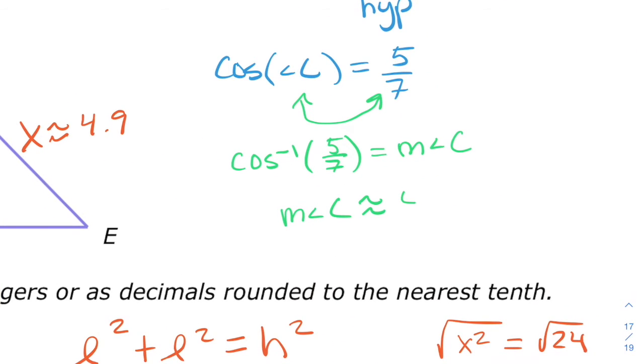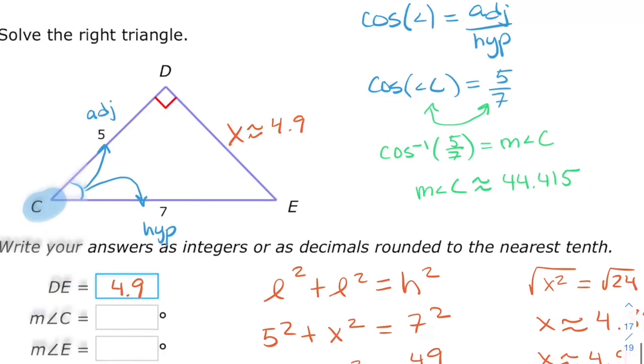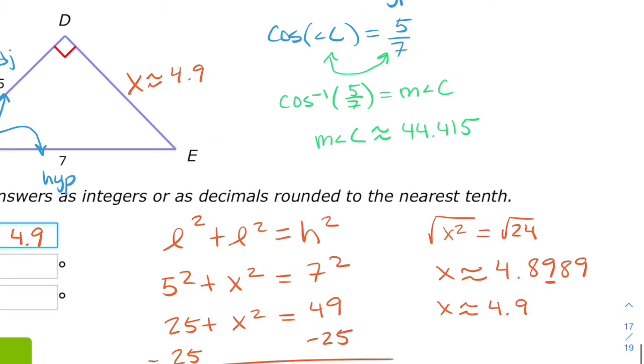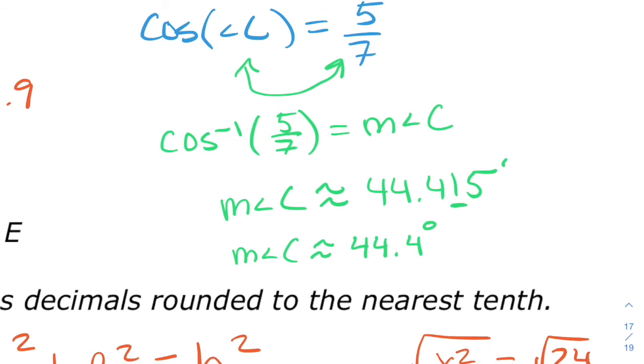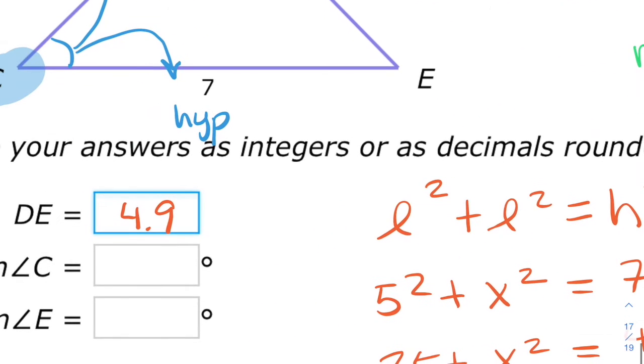It says write your answers rounded to the nearest tenth, so we are rounding this to the nearest tenth. So the measure of angle C equals 44.4 degrees. Because it doesn't round up, it rounds off. So 44.4.